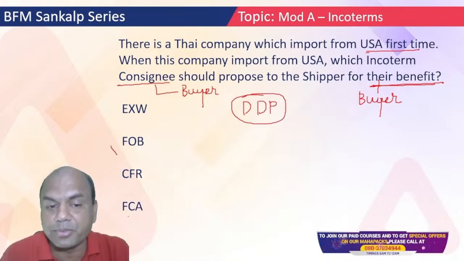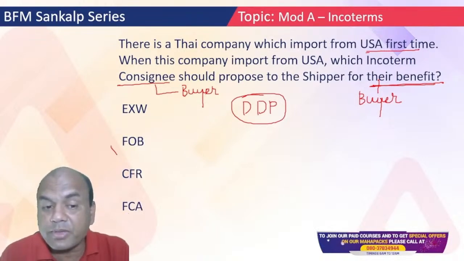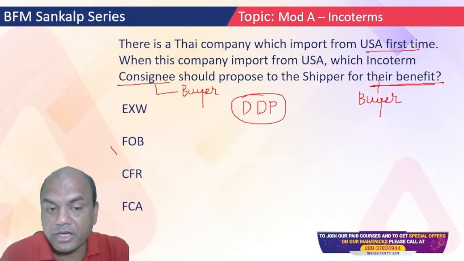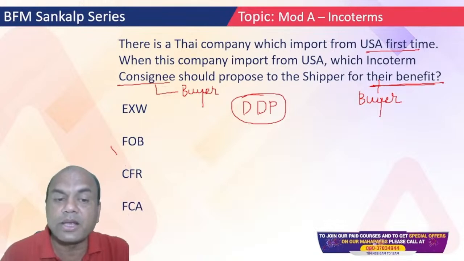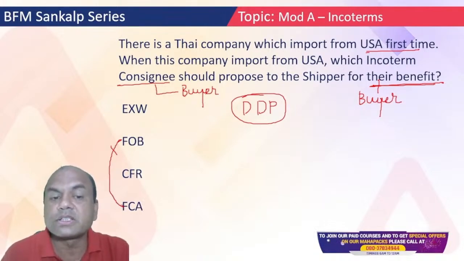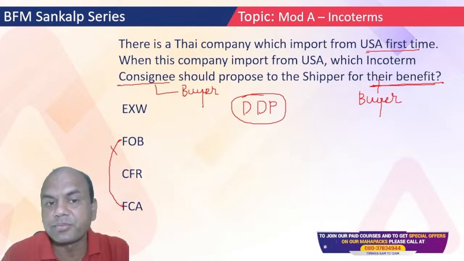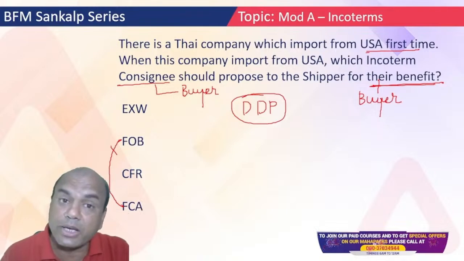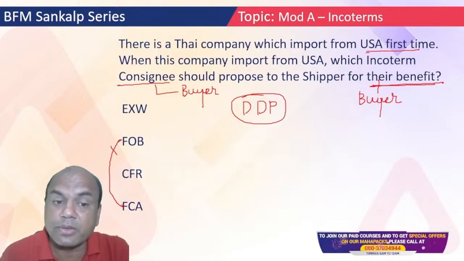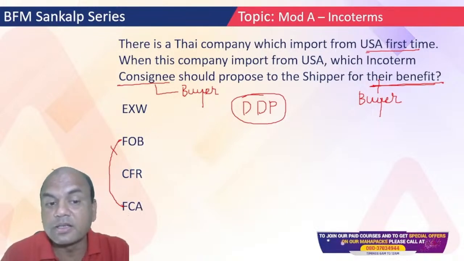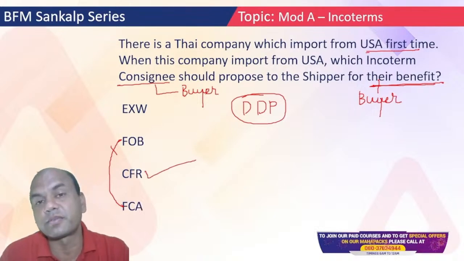Loading on the ship. CFR means what? Cost and freight. And FCA means what? Free carrier. So FOB and FCA are the same over here. So which is the best among Ex Works, FOB and CFR for the buyer? Among these three it is CFR.